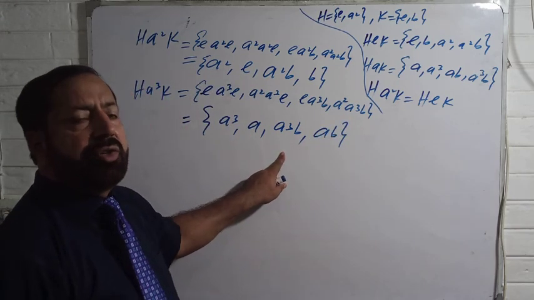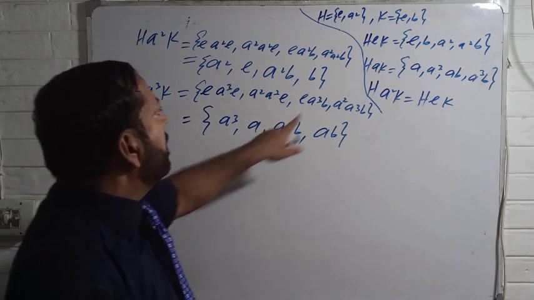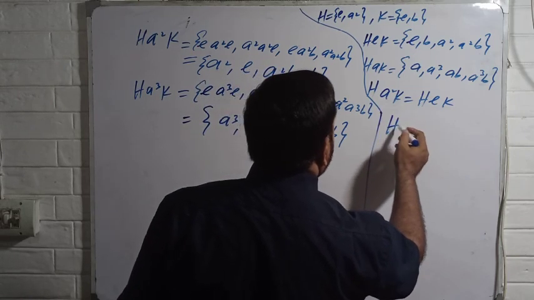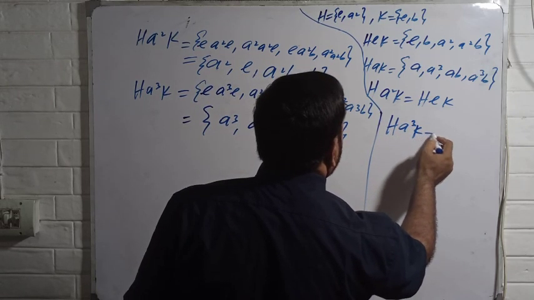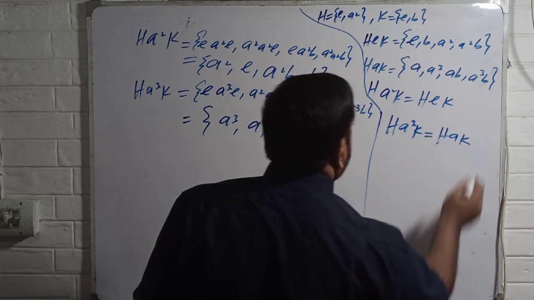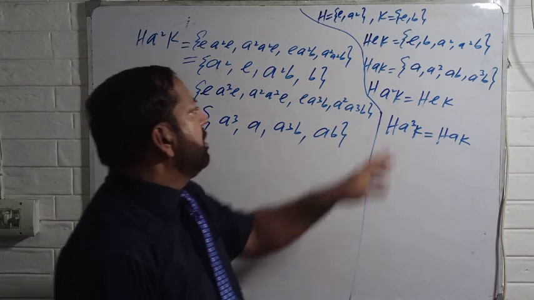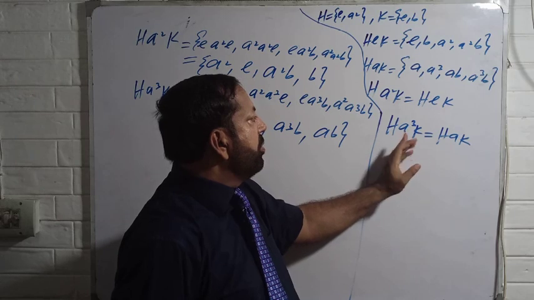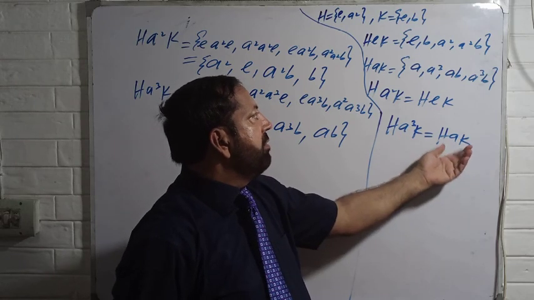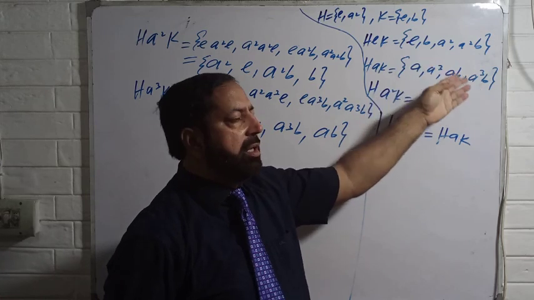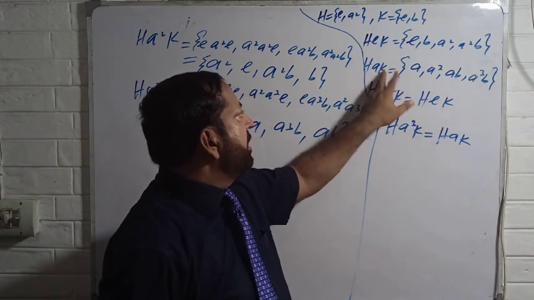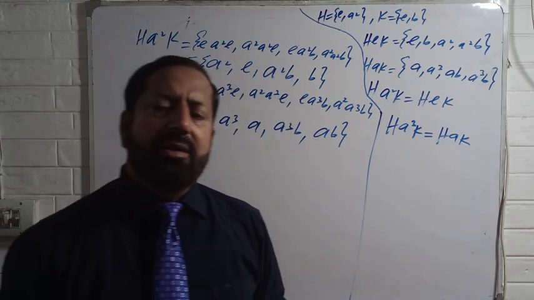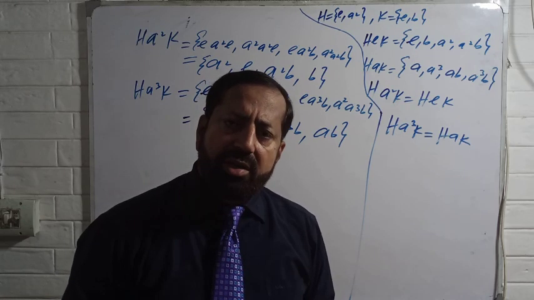Look at this. What is this? This is H A K. So I have another idea: A cube K, basically H A K, right? Because H A K has A cube, so the double coset corresponding to A cube K is identical to H A K. A is an element of H A K, so it's common sense, because any two double cosets are identical or disjoint.